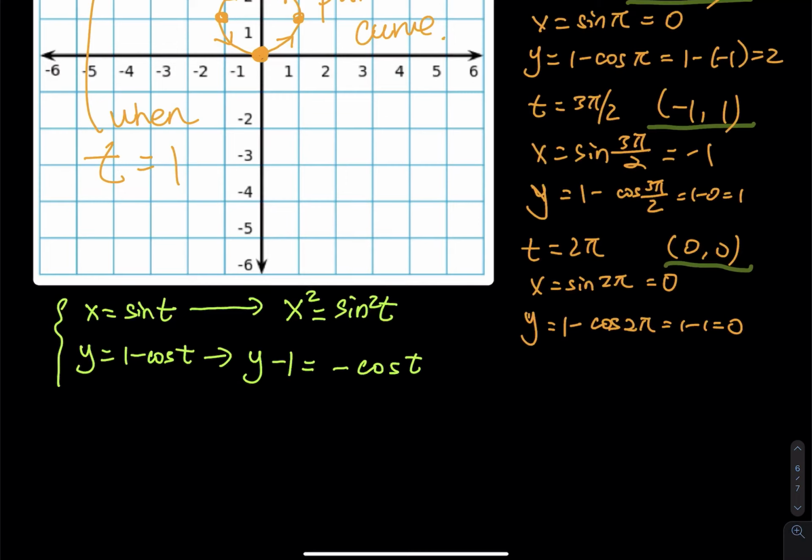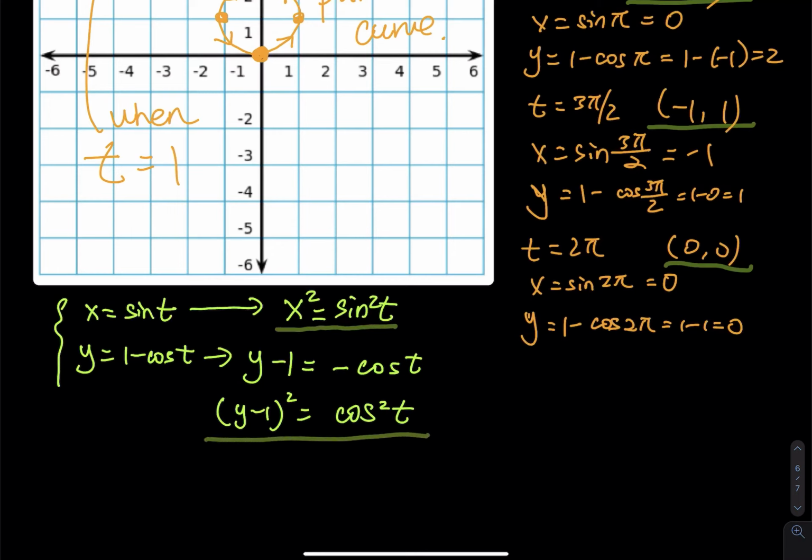And then square both sides. Y minus 1 squared equals the square of negative cosine t. So that becomes cosine squared t. And then I will add the sine squared t and the cosine squared t here.